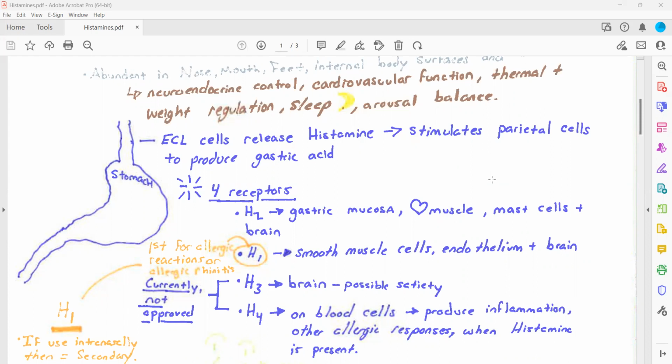But if it's a reaction happening outside of anaphylaxis, we're going to go with an antihistamine, right? It can help negate inflammation. It can help decrease pruritus, which is itching. What about urticaria? Hives. Right. It's going to work on hives.